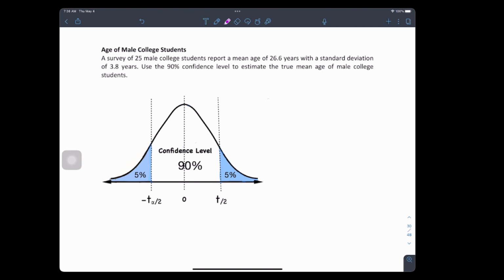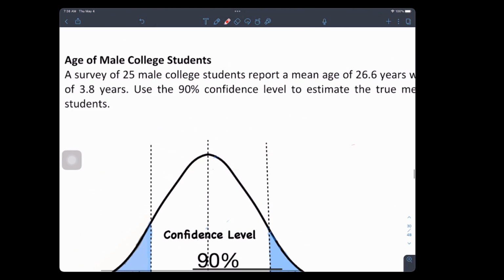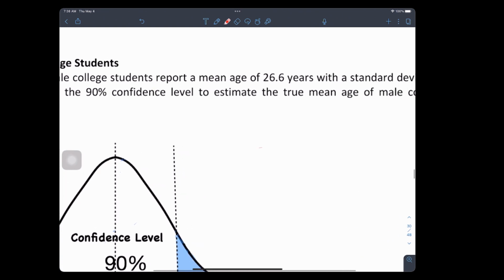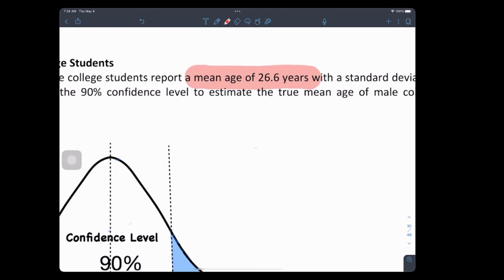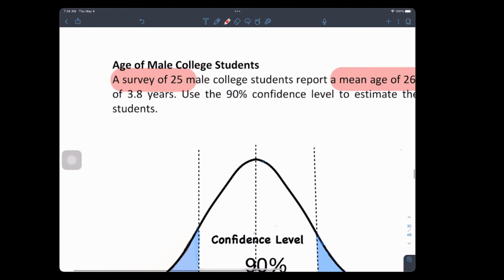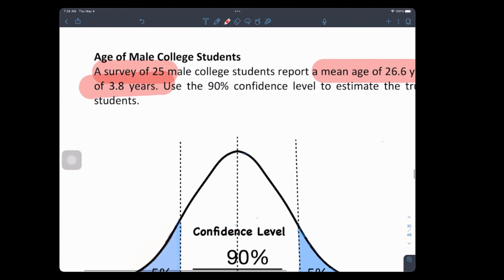And then, what about this question here? What does it say? A survey of 25 male college students report a mean age of 26.6 years with a standard deviation of 3.8 years.